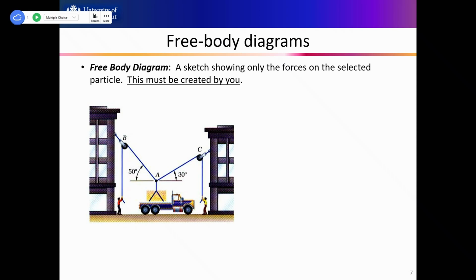Then A is the most relevant point. If we use B or C, it's possible to set up an equilibrium equation, but we cannot find anything, right? Because there is nothing known, right? So we'll use A and then plot the weight here and the unknown cable tensions here. And then based on this, we can set up two equilibrium equations. Sigma Fx equals 0, sigma Fy equals 0, right?